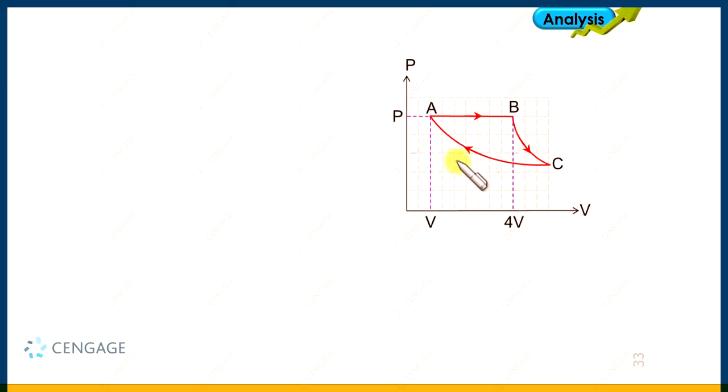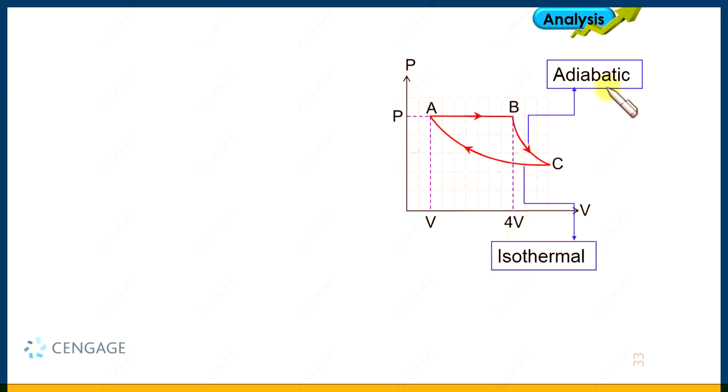Okay, if we analyze this diagram, we know the volume and pressure at position A, volume and pressure at position B, but we don't know the volume and pressure at position C. But we know this BC is an adiabatic process, right, and this CA is an isothermal process.